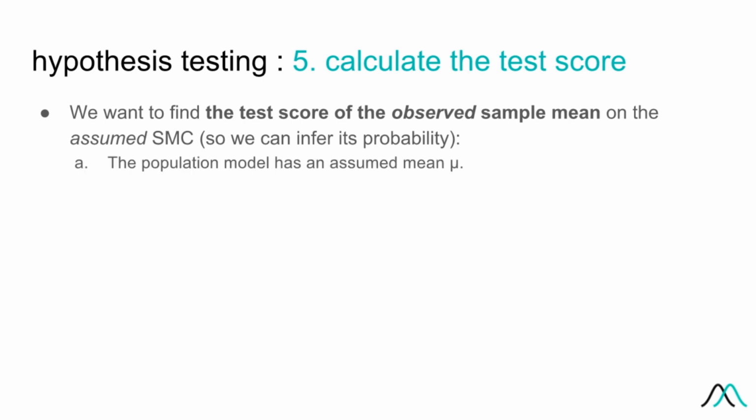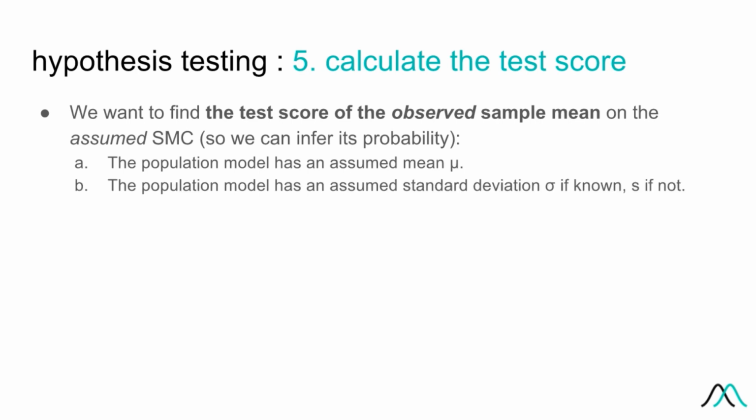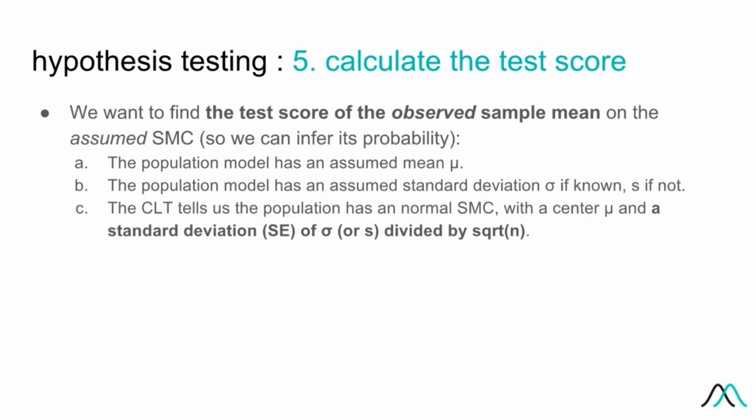So let's see this in steps. Again, the population model, we gave it an assumed mean, mu, what we're assuming to be true, and then we give it a spread, a standard deviation, sigma if it's known, but s if it's not, to estimate sigma. And then we know the central limit theorem tells us that our population, even if it's not normal, will have a normal sample means curve with a center mu and a standard deviation called standard error of sigma or s divided by the square root of n.